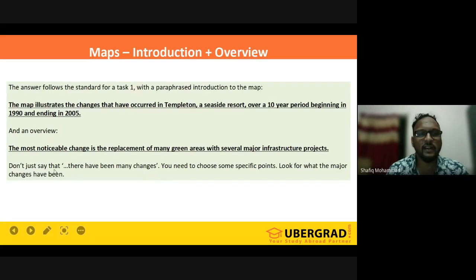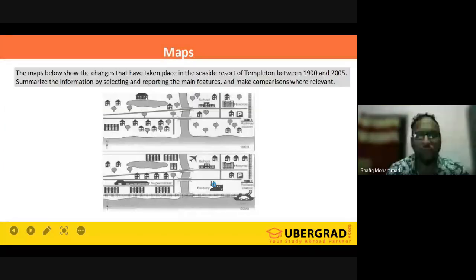Don't just say that there have been many changes. You need to choose some specific points. Look for what the major changes have been. So that is what you need to do. So a noticeable change is the replacement of green areas. A factory came over here.